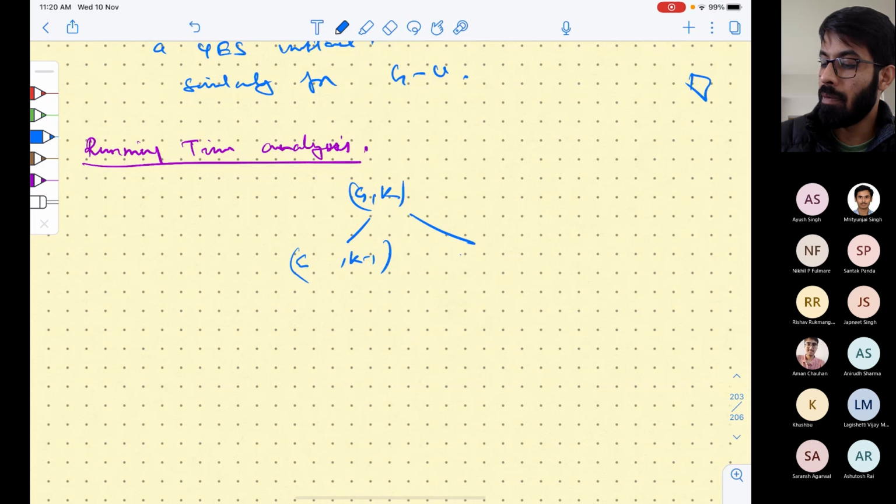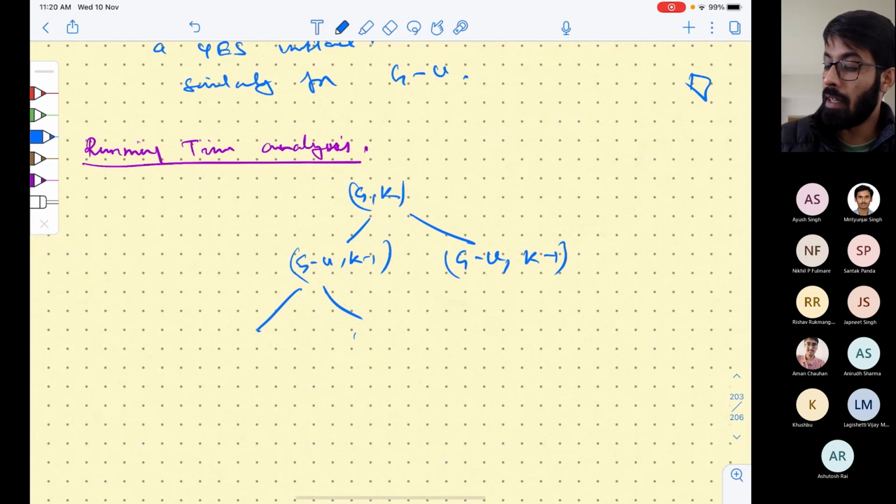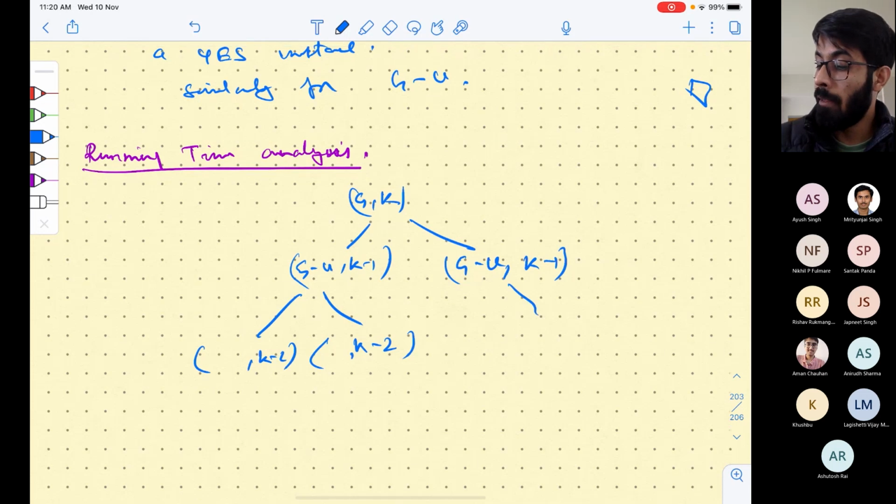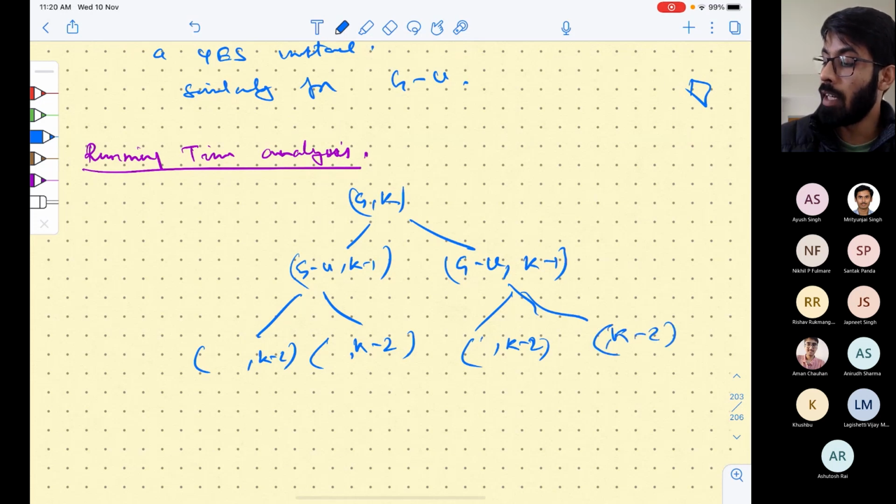Let's call it G minus u only. Then we have G minus v comma k minus 1. Then from here we'll get something comma k minus 2 because we'll pick another edge. Again here something comma k minus 2, something comma k minus 2, because we are solving it recursively.